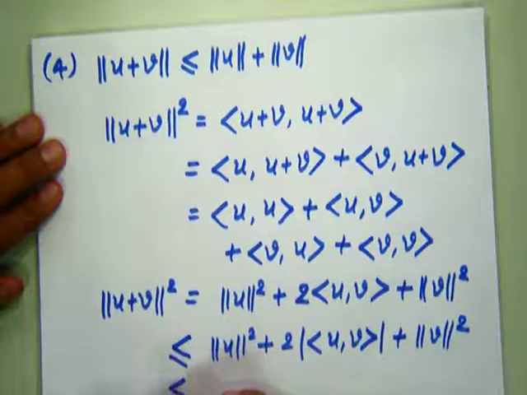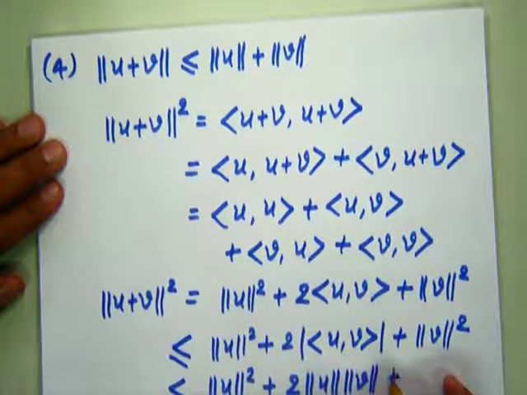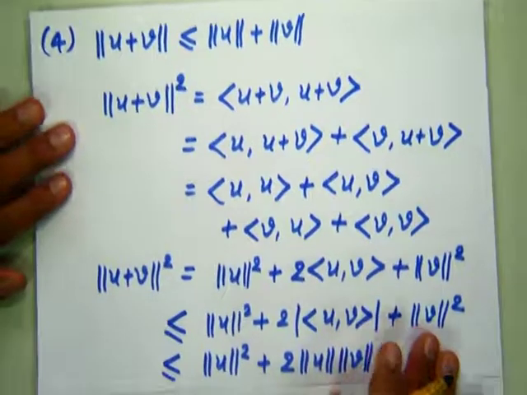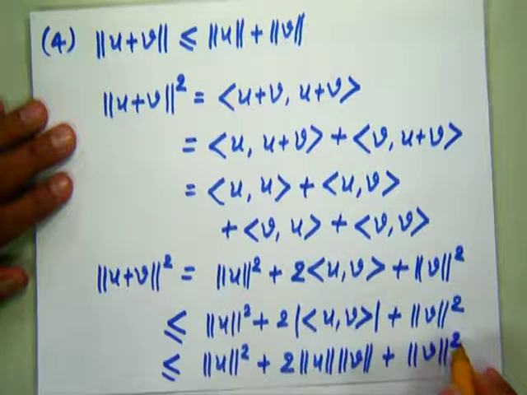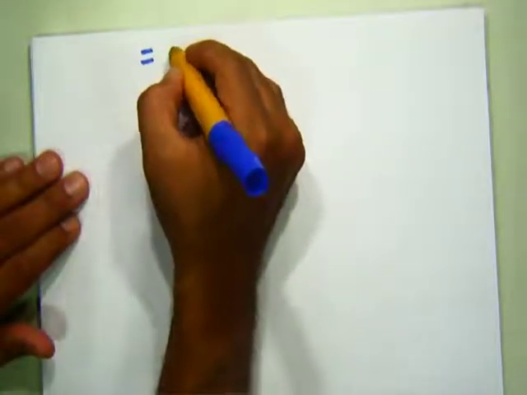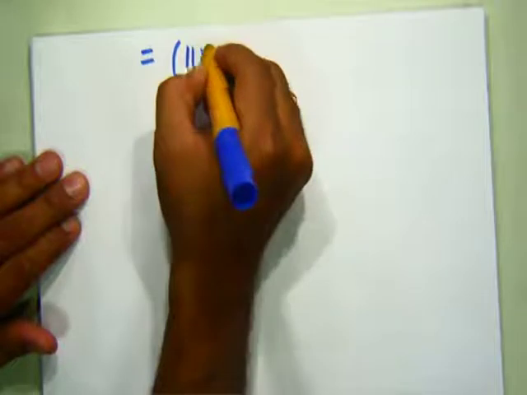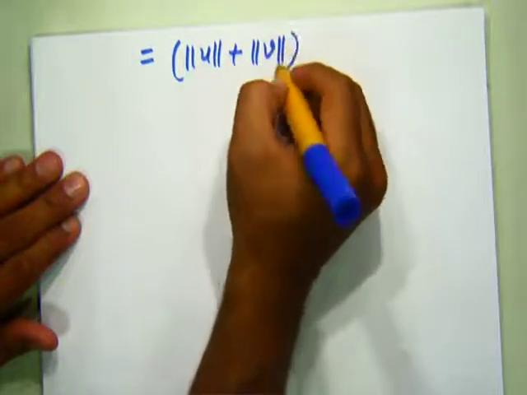So using this Cauchy-Schwarz inequality, this is 2 norm of u into norm of v plus norm of v square, which is equal to norm of u plus norm of v all square.